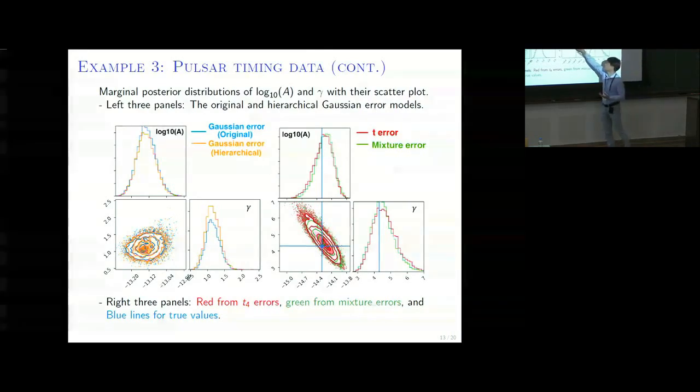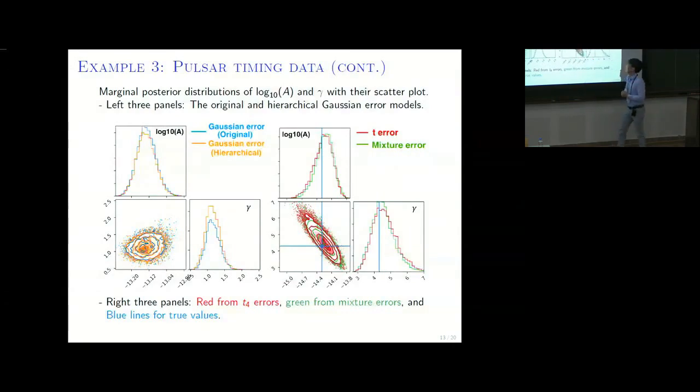So our joint distribution catches the true values of the parameters near the center. Although we didn't plot these on the same scale, this mode is actually around here. It shows that if you use the Gaussian error model, your inference can be highly biased, and couldn't recover your true value.